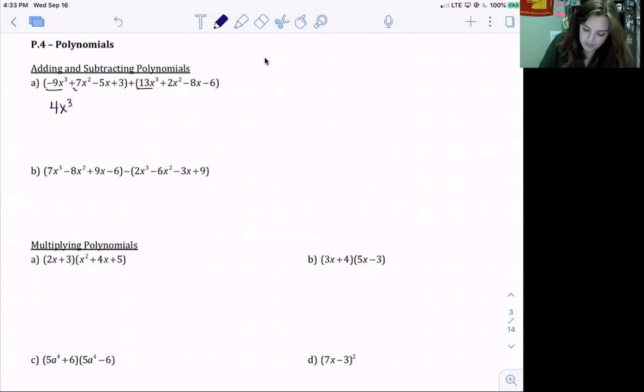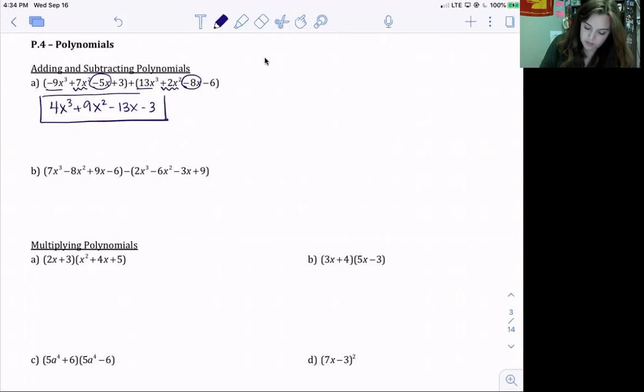We have 7x squared plus 2x squared, which gives us plus 9x squared. Then we have negative 5x plus negative 8x, which is negative 13x. And lastly, we have 3 plus negative 6, which is negative 3.